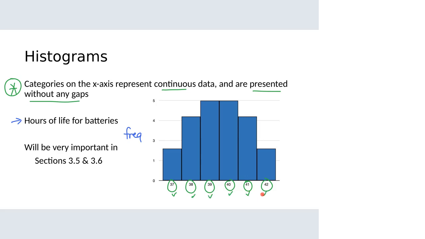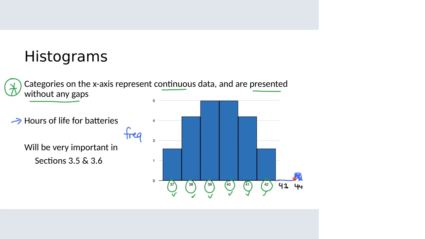I will say this. A good question might be, what if this went 43 and 44 and there weren't any 43s? So we have 43 over here and we have 44 after it. When I look at the picture, there's this little bar for 44 right here, and then there's nothing right here. If you were to see a histogram like that, it doesn't mean there's a gap.